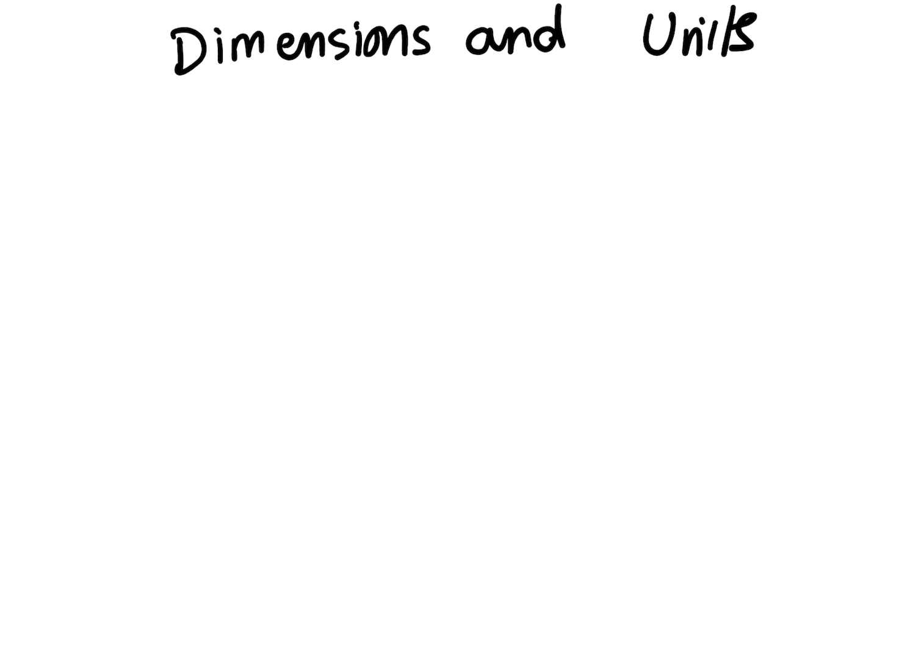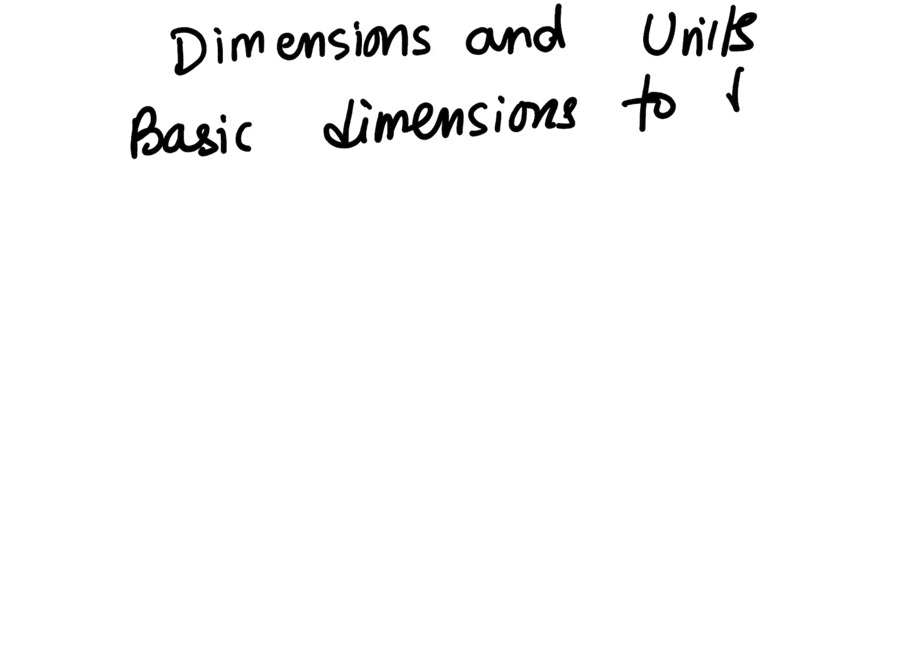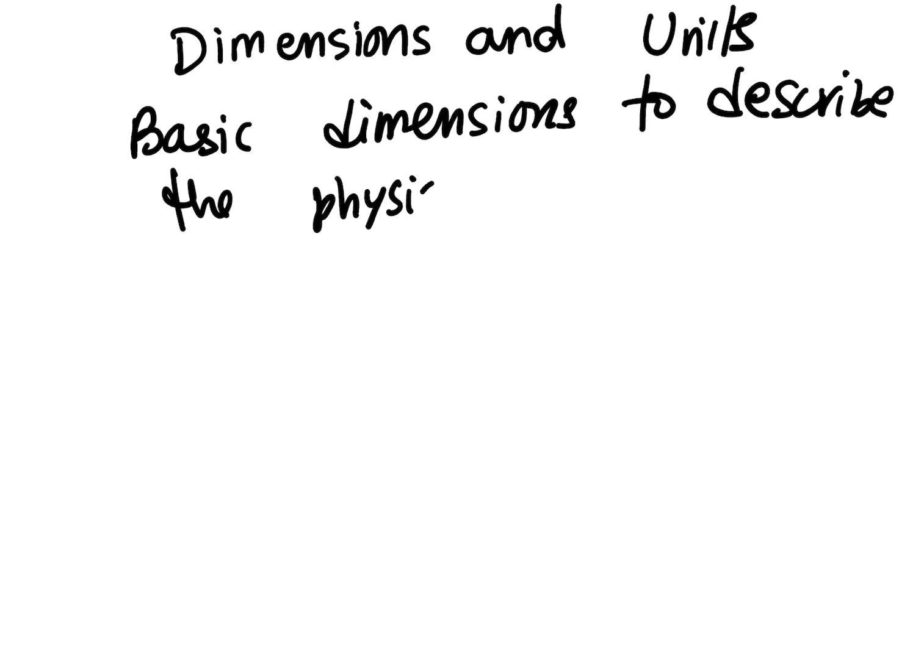I talked about the various types of length, velocity and pressure scales that we'll encounter, and to describe those we need quantities or magnitudes as well as units, or repeatable standards, that can be used for expressing how many pascals or how many units of pressure, velocity or length, etc. So we begin by thinking about what are all the basic dimensions we need to describe the physics of fluid motion.